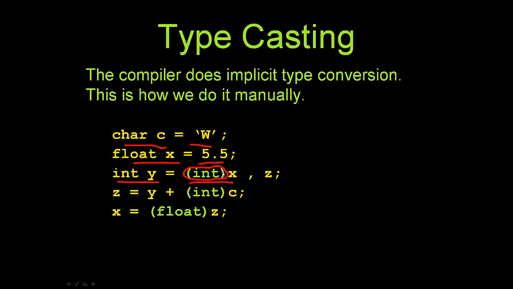Even if you don't put int, it will still typecast for you automatically, right? But you can do this by yourself manually. So for example, if you do int c, you are converting this w into an integer and assigning it to y, right? And similarly, you can convert also a z into a float and cast it to x, okay? So this is the manual casting.